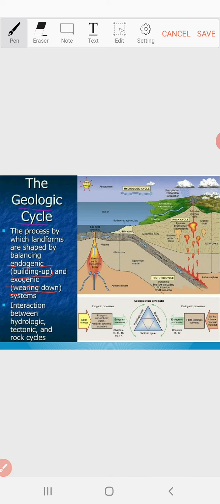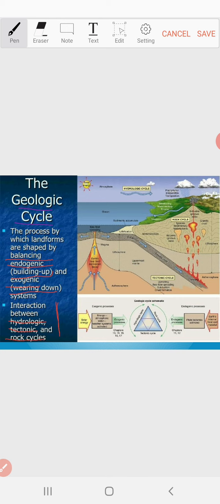So there is a balance between these two forces, and it is an interaction between three cycles. One is the hydrological cycle, another one is the tectonic cycle, and the third one is the rock cycle.